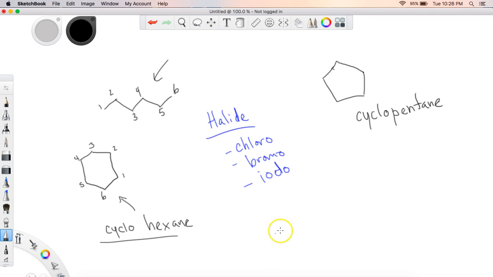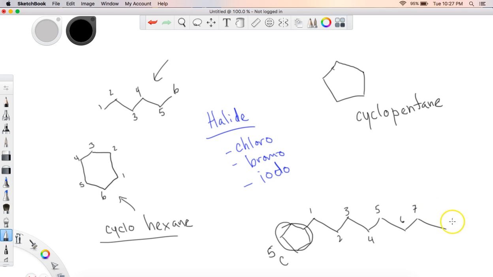All right, now what happens if I've got a very large chain, and then coming off of that chain, I have a cyclo group, right? Something like this. Well, in that case, the cyclo group right here has 5 carbons. And then I take a look at the main chain right here. I have 1, 2, 3, 4, 5, 6, 7, 8. So when you're dealing with cyclic compounds that have long chains coming off, you're in one of two positions.